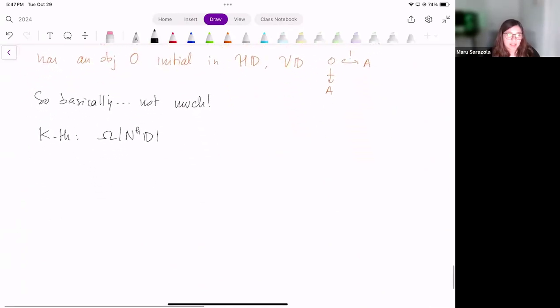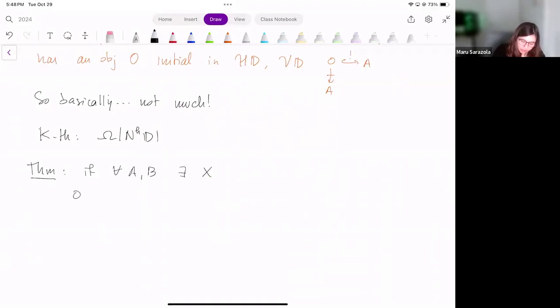So what makes this legitimate, I suppose? Well, both legitimate and useful. There's this theorem that tells you if for every object A and B, you can find an object X that fits into squares.